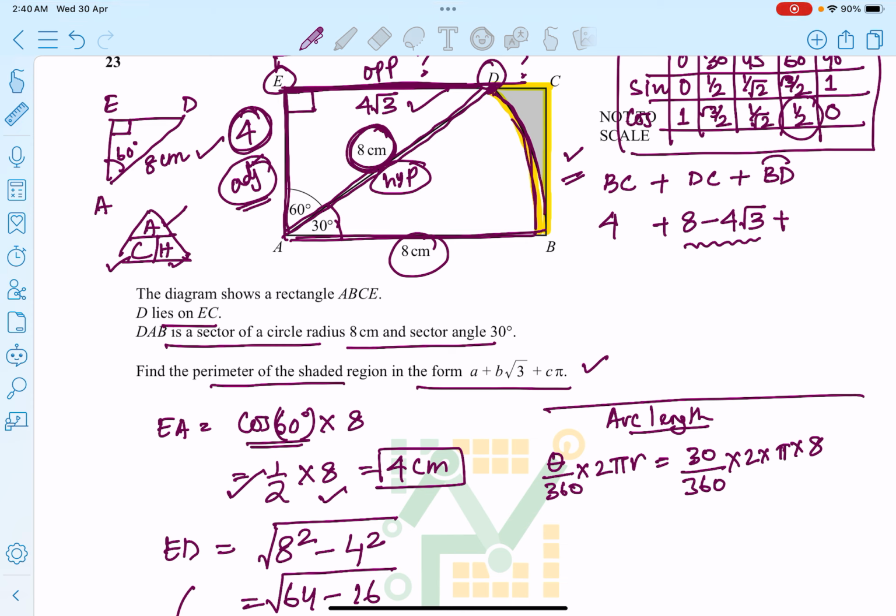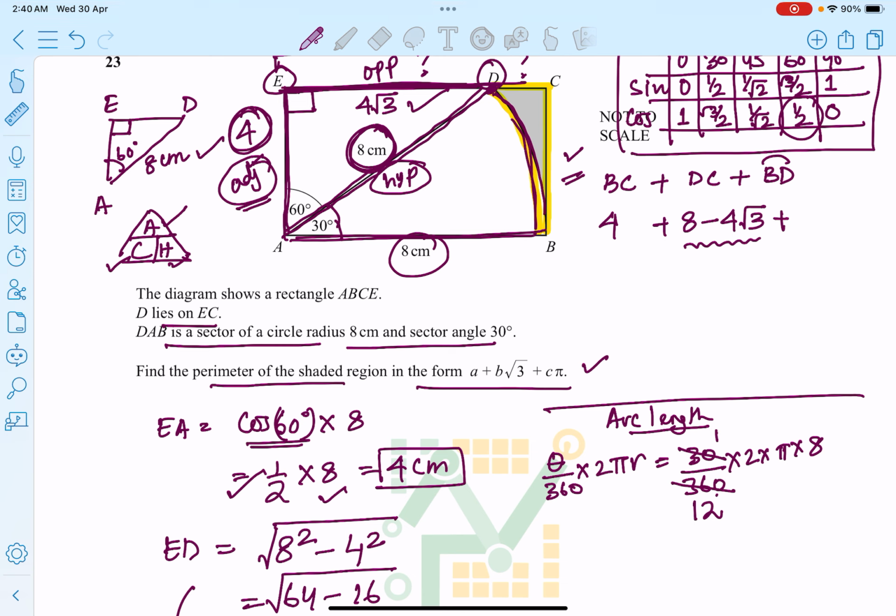If you simplify, I think we can simplify like this. 30, I think it should be 1, right? And 360 should be 12. Did you understand? Because you can do it like this also: 10 times 3 and 10 times 36, and then divided by 3 as well. So 3 times 1 is 3, 3 times 12 is 36.